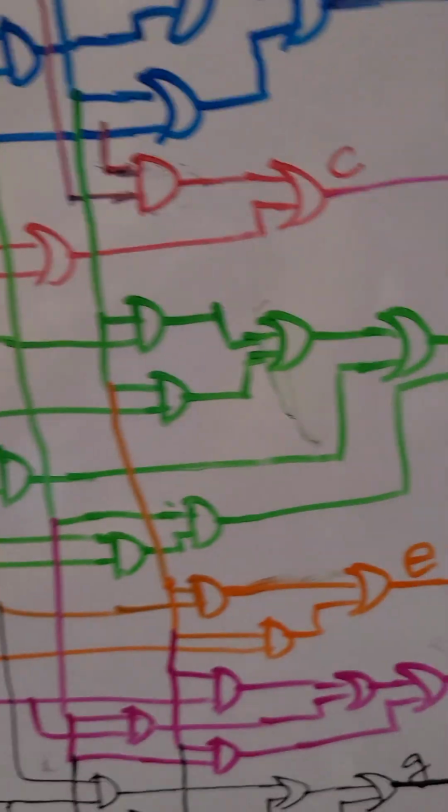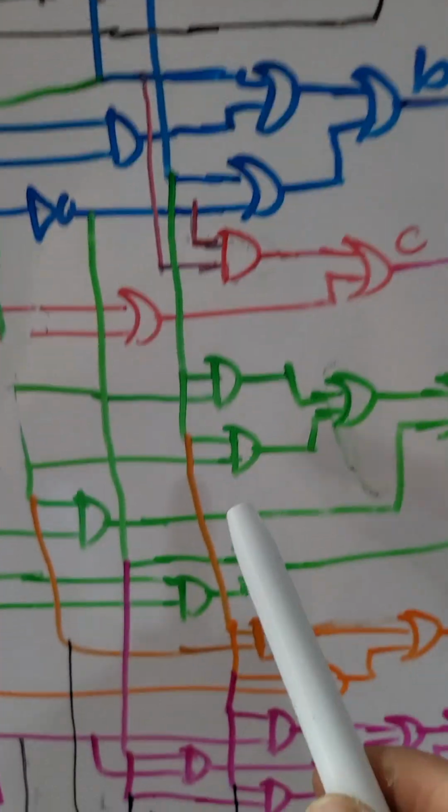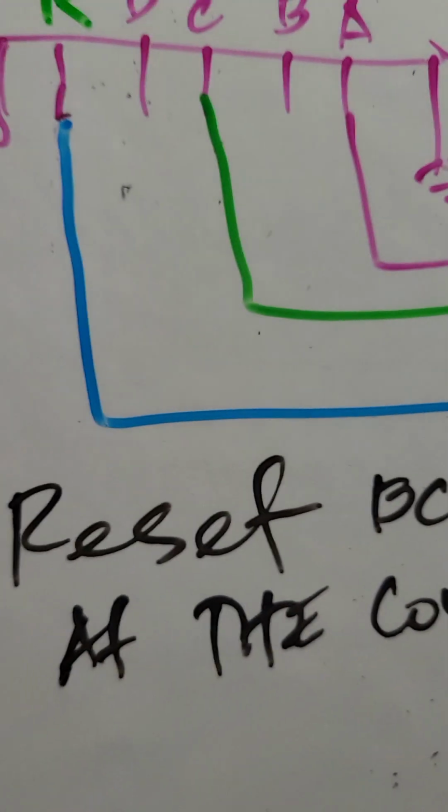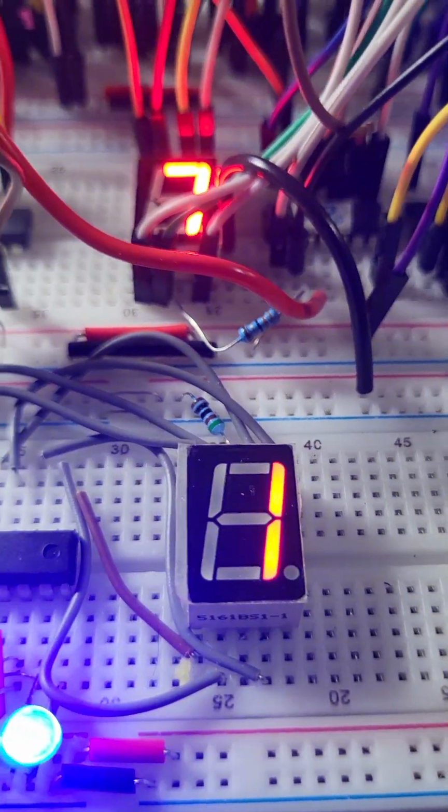Okay, so the ones that we use here, these are AND gates. So these AND gates, why does it limit to 9 and back to 0?